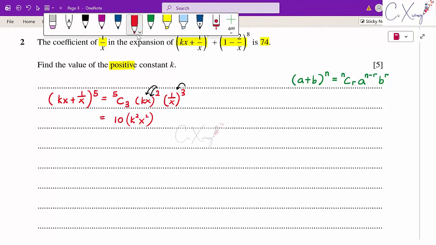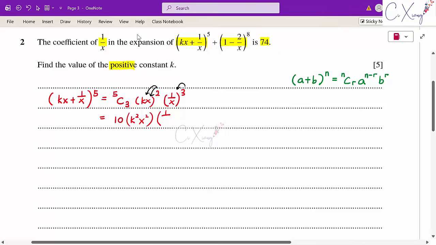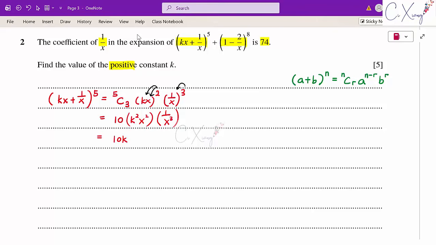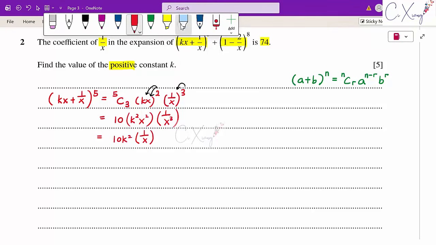Then you should have 1 over x power 3. Simplifying all this together, you get 10 k squared multiplied with 1 over x. This is the coefficient of 1 over x in this case.